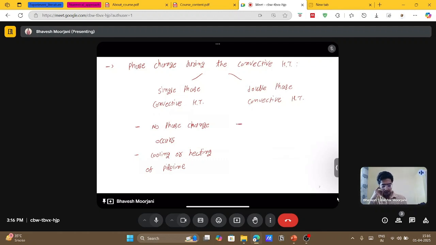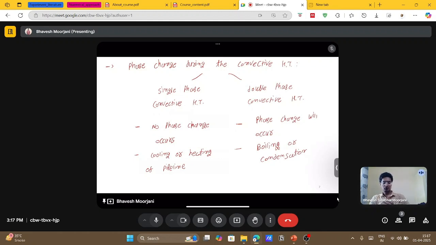Then, in the double phase convective heat transfer, phase change will occur. So, your boiling or condensation are the two common examples.